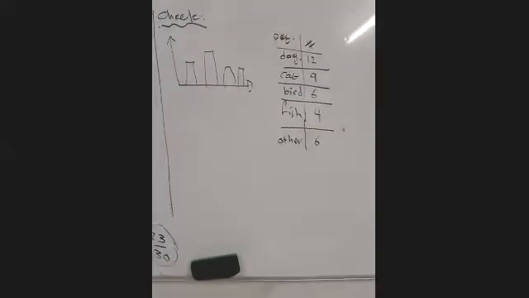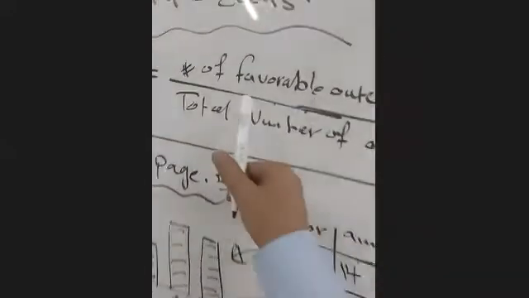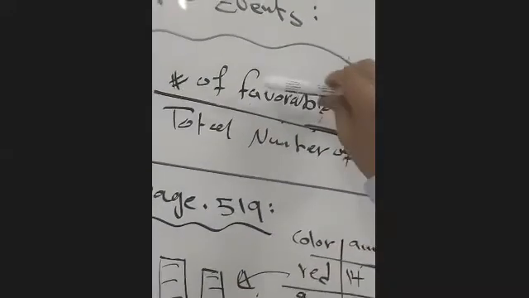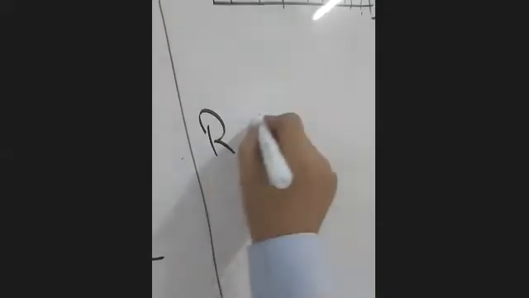Now let's read the question to know what the favorable outcomes are, which we will put on the numerator, to find the relative frequency. Read the question down. What was the relative frequency of a student's favorite animal being a dog or cat?